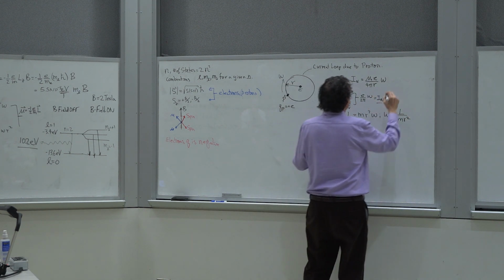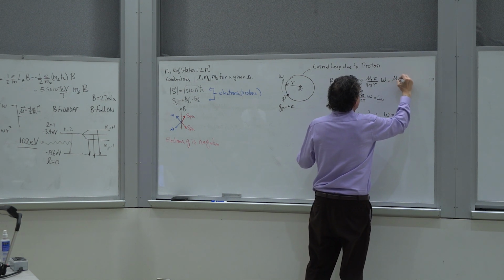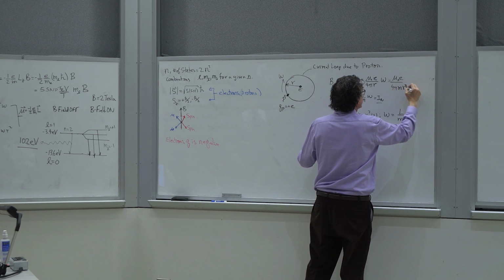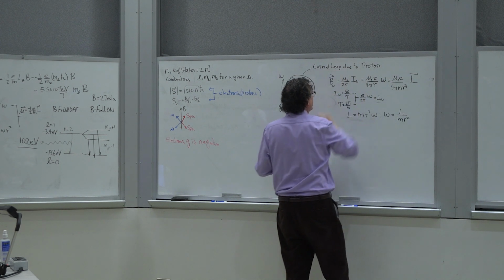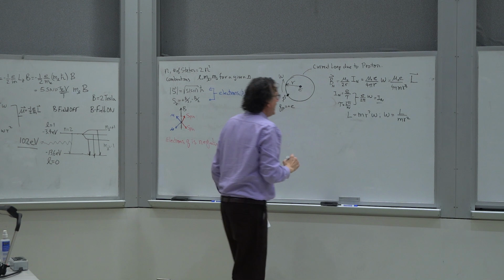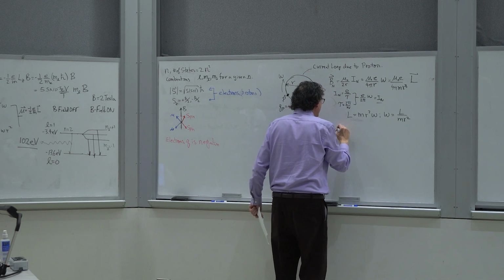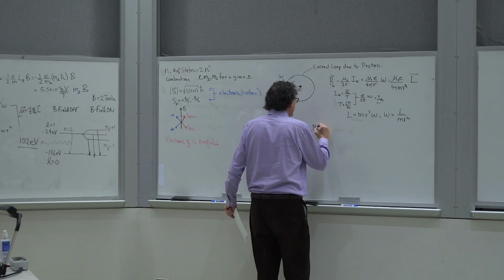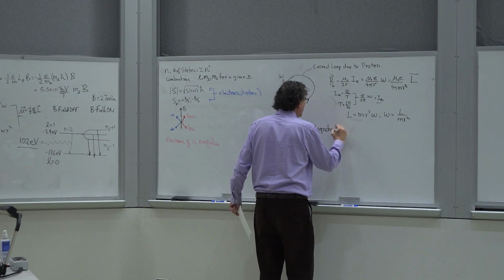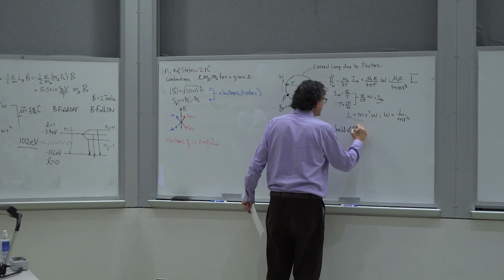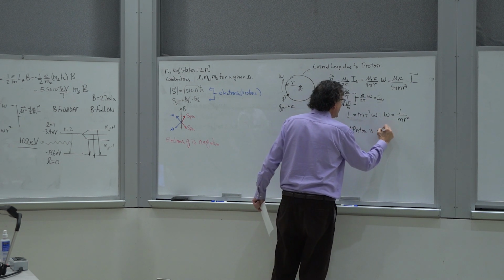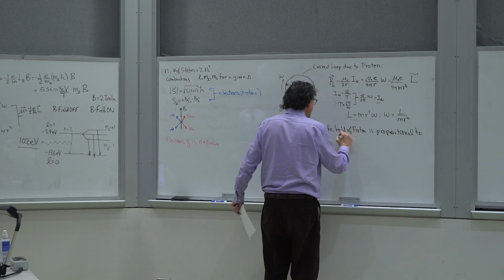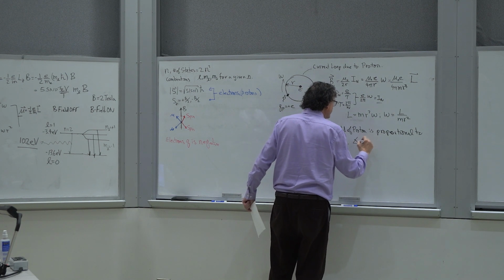And so putting it in up here, this becomes mu naught times e divided by 4 pi m r cubed times L. And now I should say it this way, this is a better way of saying it: the magnetic field of the proton is proportional to the angular momentum of the electron.